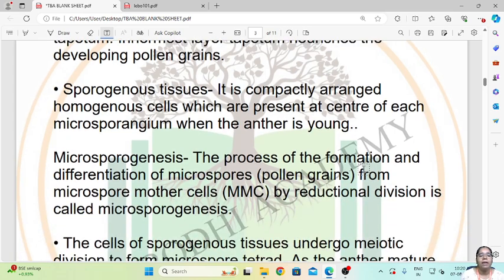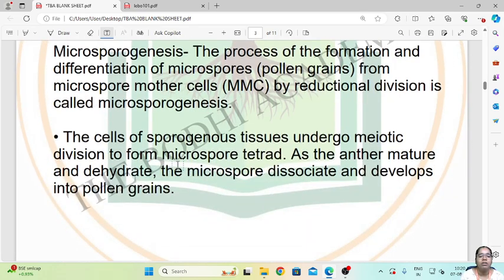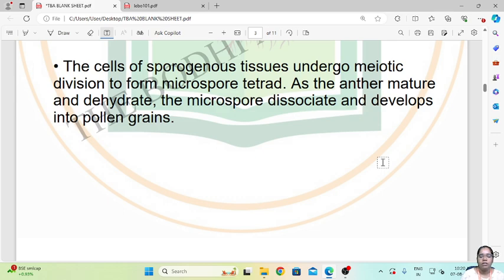So as the anther matures, the process of microsporogenesis occurs, that is the process of formation and differentiation of microspore pollen grain from the pollen mother cell by reduction division, called microsporogenesis. So how does this process occur inside the anther?